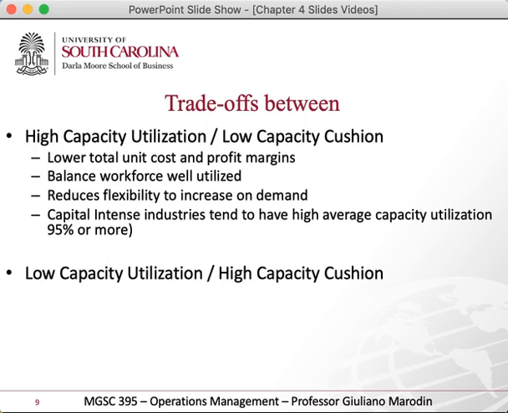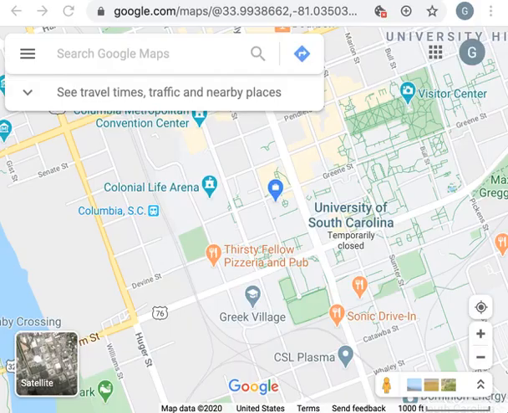Okay, so let's take a look at a few different businesses. I opened Google Maps here very quickly, and you can see it's saying that USC is temporarily closed. That's because I'm recording this video before our classes start. We can click into one of those businesses.